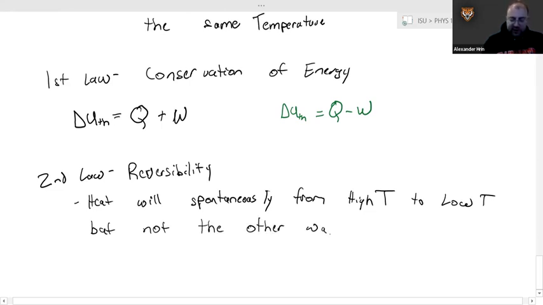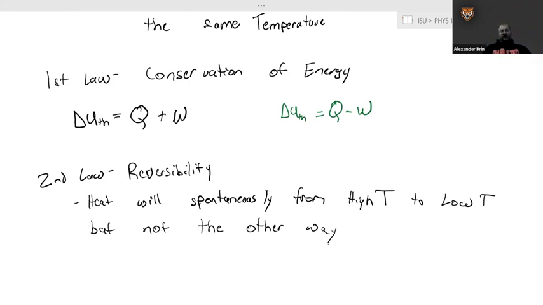Even if your energy is conserved, you can't just move heat around to wherever you would prefer it to be. It will spontaneously move in one direction. And if you want to move it in the direction it doesn't want to move, you actually need to do work.